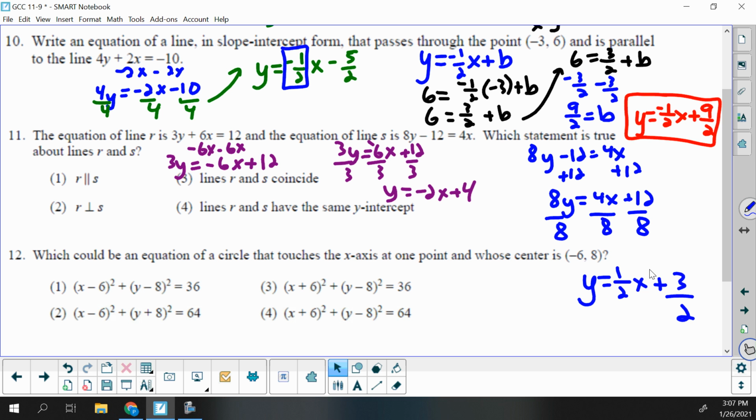So what we want to do is look at the slopes now. Our slopes we have are positive 1/2 and negative 2. Well, negative 2 is really negative 2 over 1. Notice those are flipped and negated. We flip the fraction and change the sign, so that's what happens when we have perpendicular.